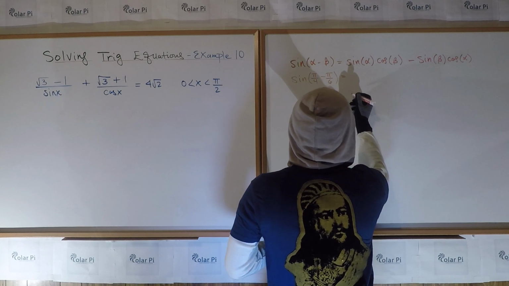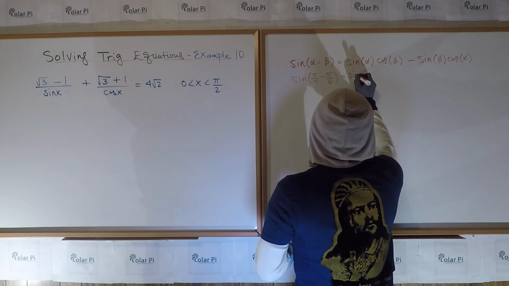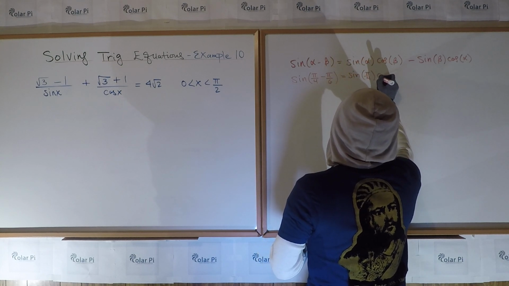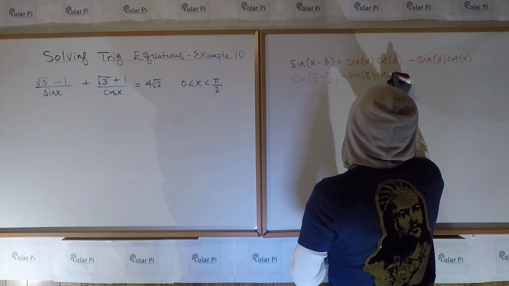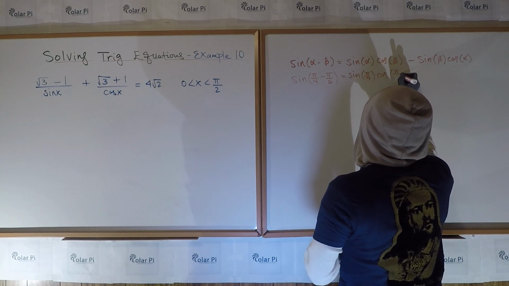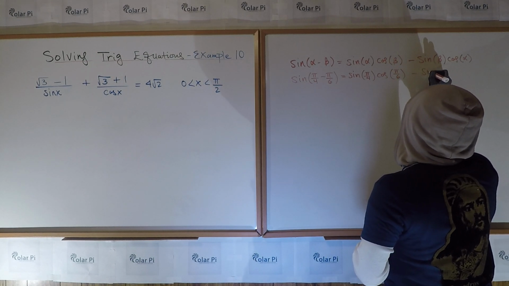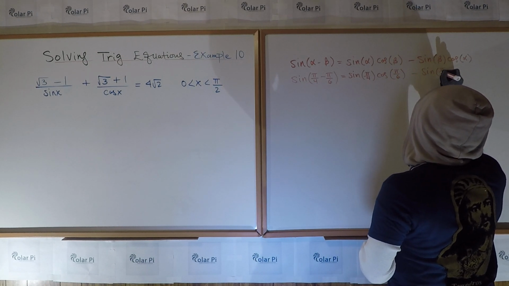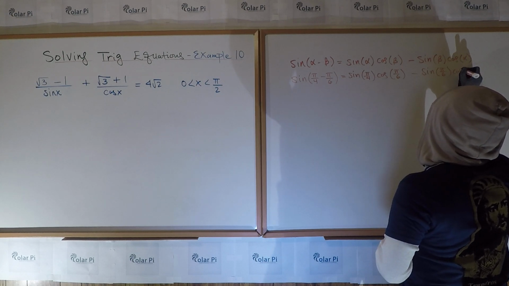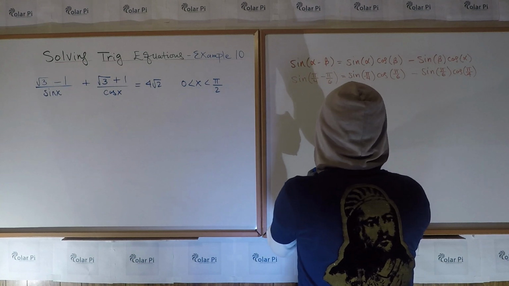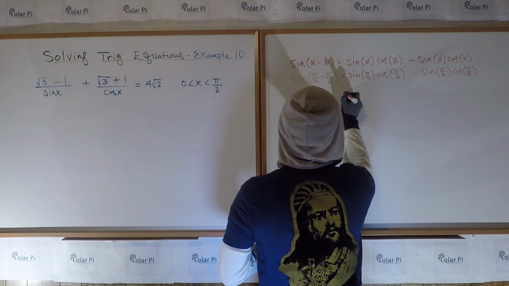All right, and so that's going to say sine pi over 4, and then cosine, I'm just using this equation, cosine pi over 6, and then minus sine of pi over 6 times cosine of pi over 4. Now, I hope you know your 30, 60, 90 and 45, 45, 90 degree triangles.